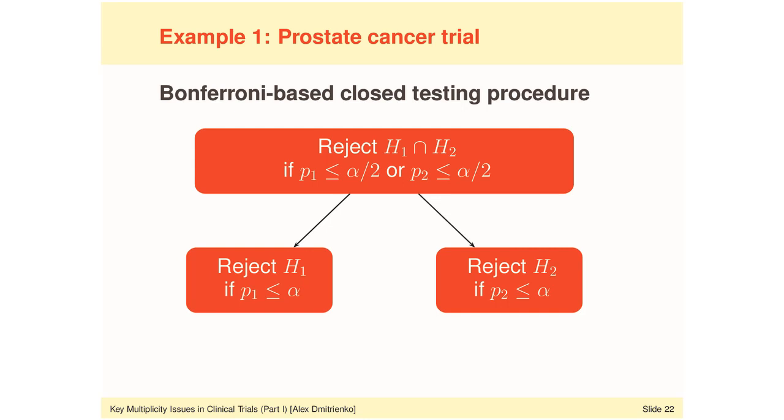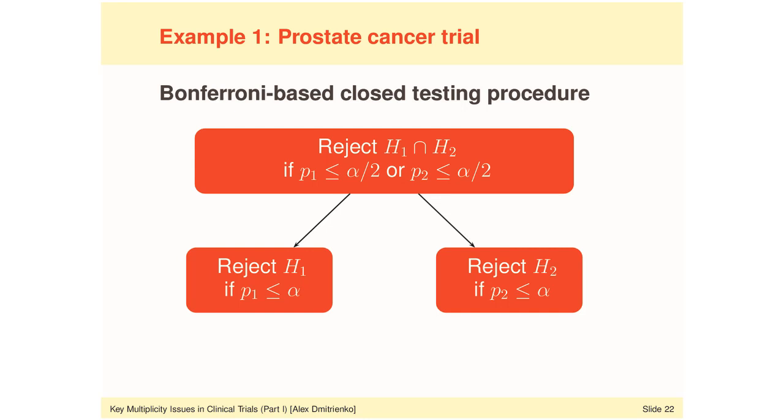For example, the local test for H1, as you see on the slide, is based on p1. This hypothesis will be rejected if p1 is less than or equal to alpha. There is no adjustment for multiplicity within each one of those 2 boxes, simply because we're looking at a single hypothesis at a time. And the same principle, of course, applies to H2, the other original null hypothesis.